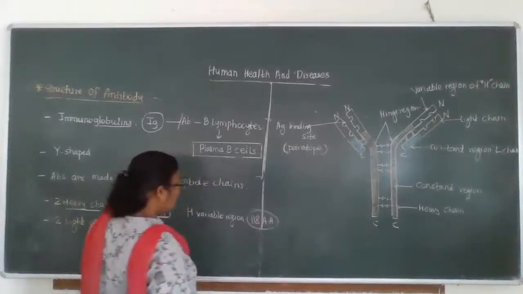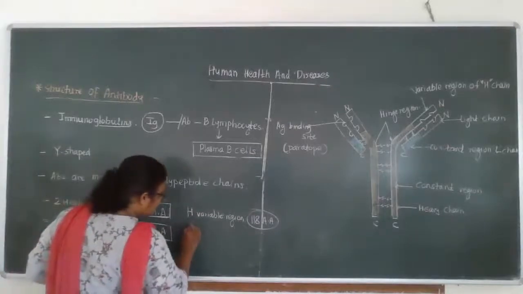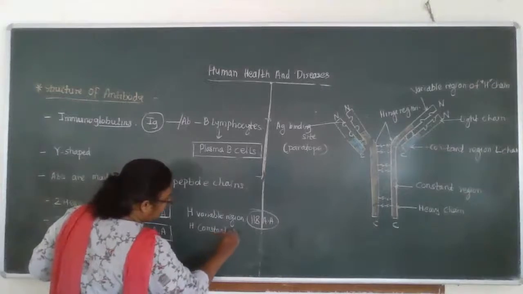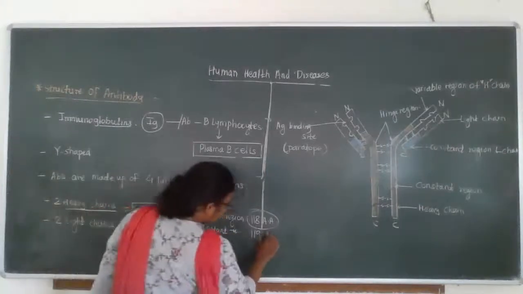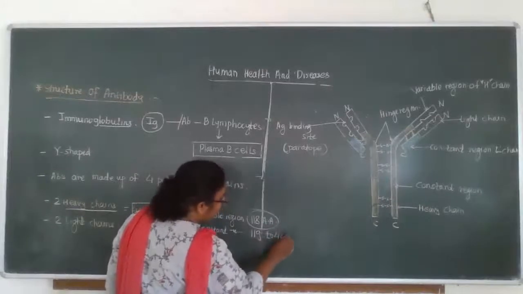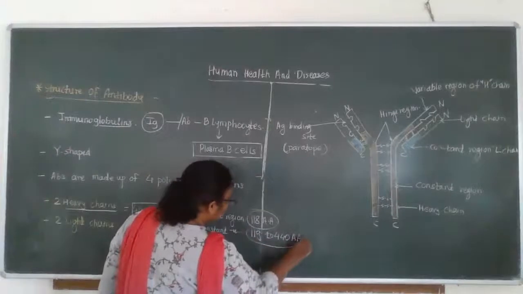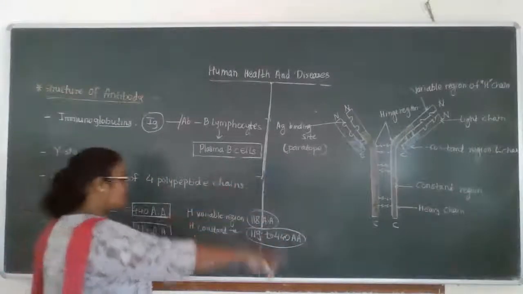The constant region of the heavy chain is made up of 119 to 440 amino acids. The constant region is the big one.